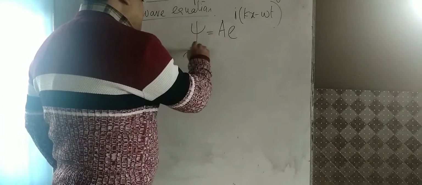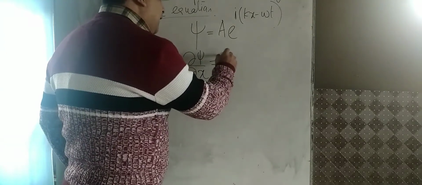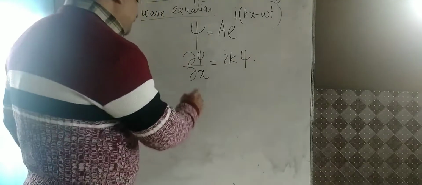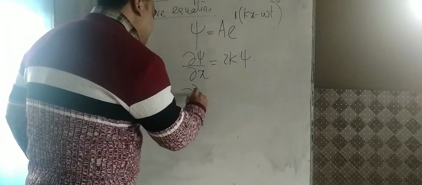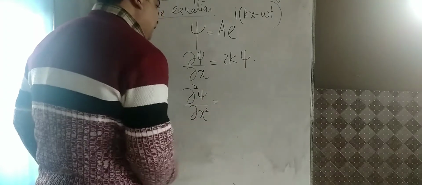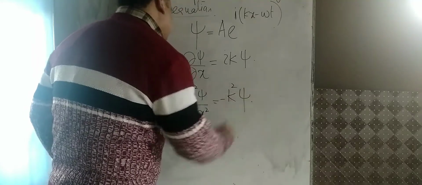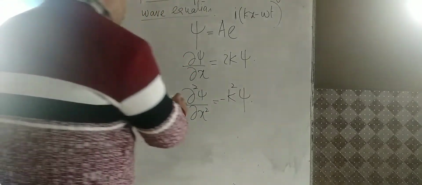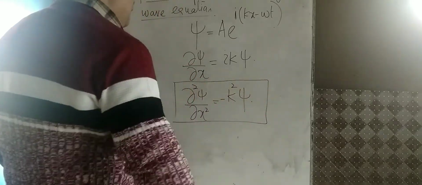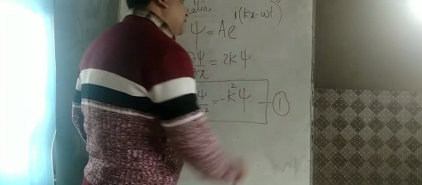So del psi upon del x will be i k psi, and if you take another derivative, del 2 psi upon del x2 will come out to be minus k square psi. We will keep this equation in mind and call it equation 1 for the time being.